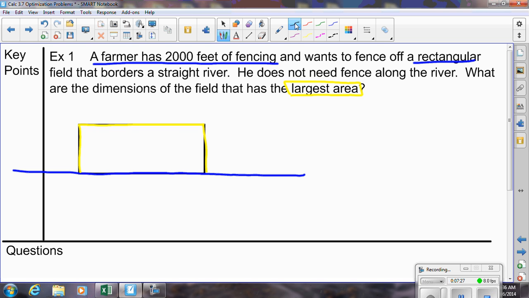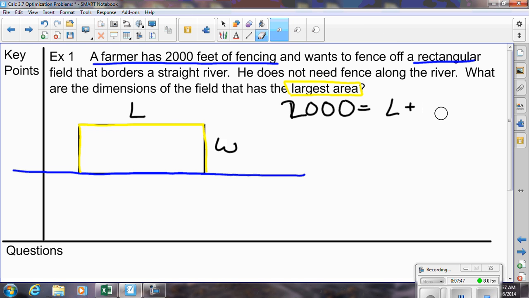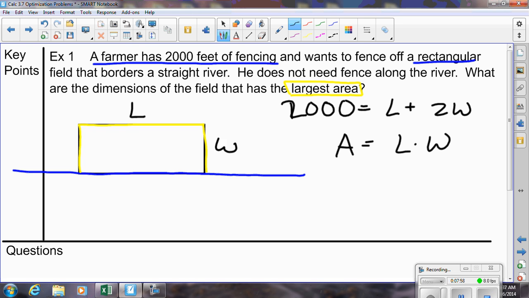Some easy ones, we could say, here's our length, here's our width, which would tell us the 2,000 feet of fence is going to be the length plus the width, which I'm just going to write W plus W as 2W. And so we have some information that we know. We would also know that the area has to be length times width.